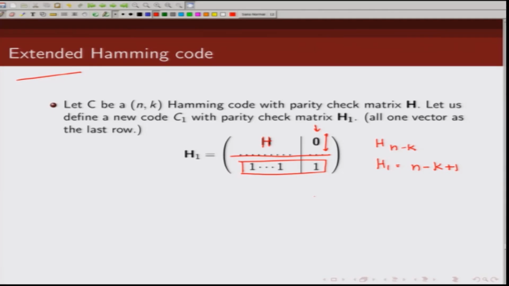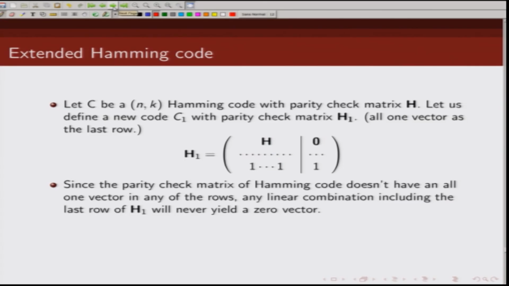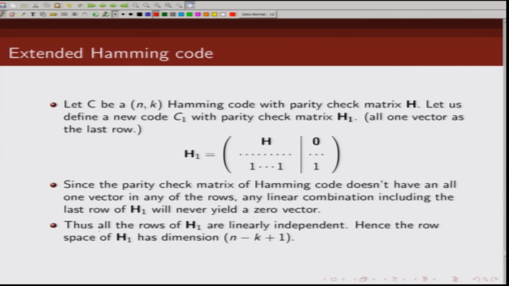So, any linear combination of this row with these rows would not decrease the rank essentially. So, the rank of this matrix will be 1 more than the rank of the original parity check matrix H. So, what we are saying then is all rows of this parity check matrix H1 are linearly independent.